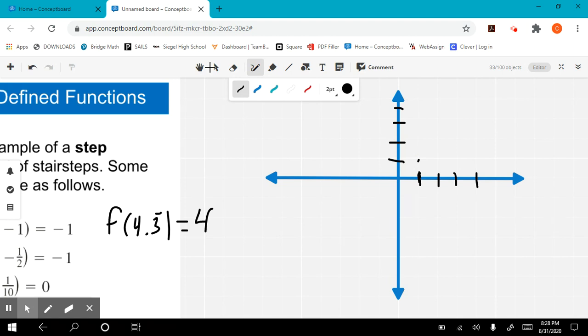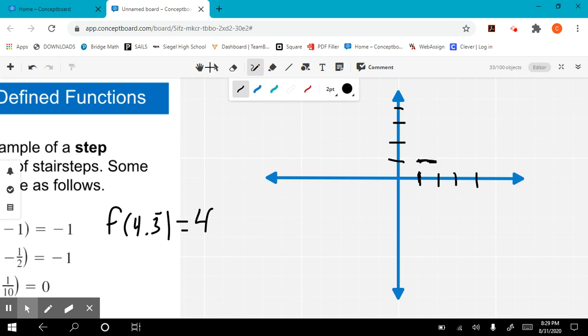If I have the x value of 1.5, the y value is still 1. We drop off the decimal, all the way up to 1.9999999. So what I have is just a little section of a straight line right here.